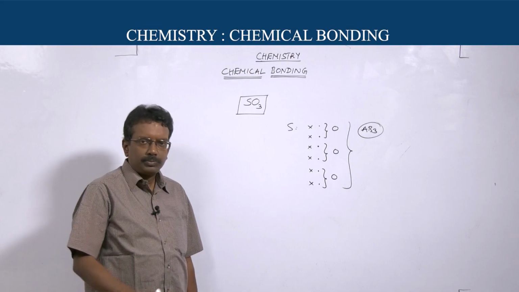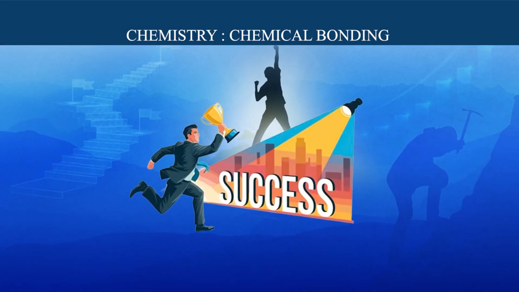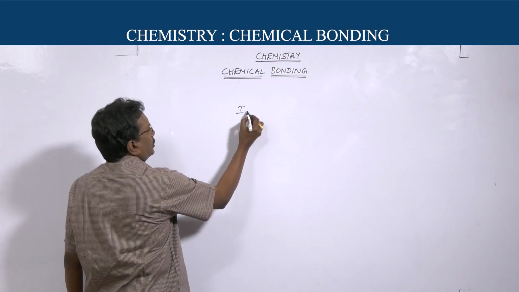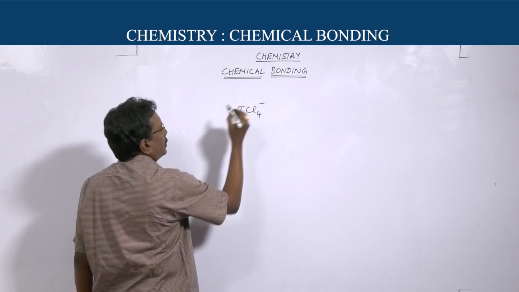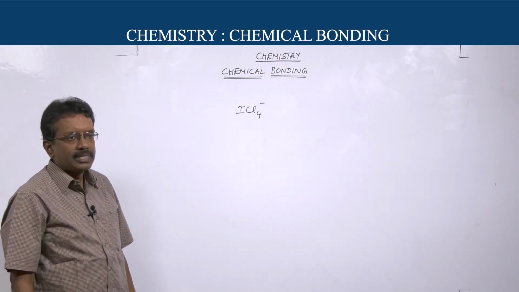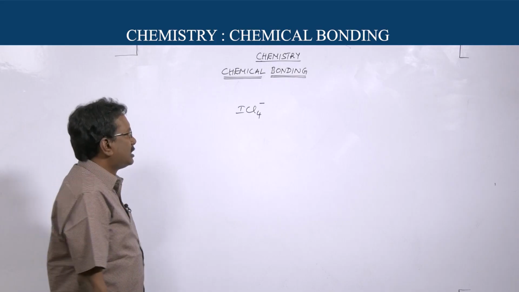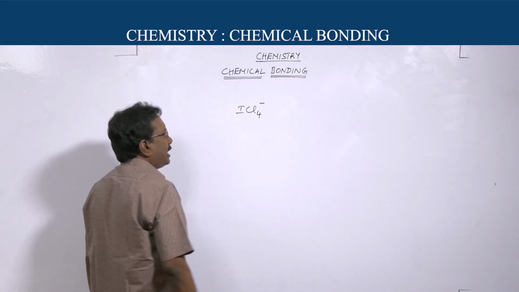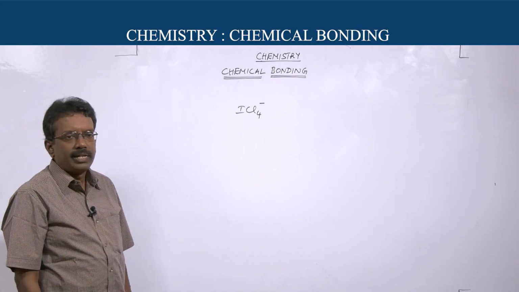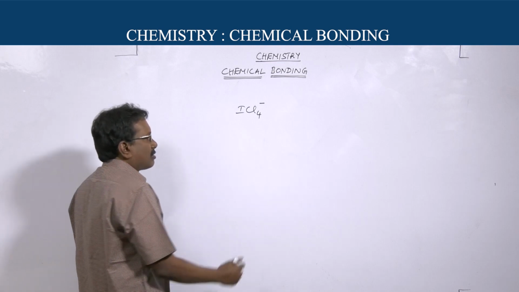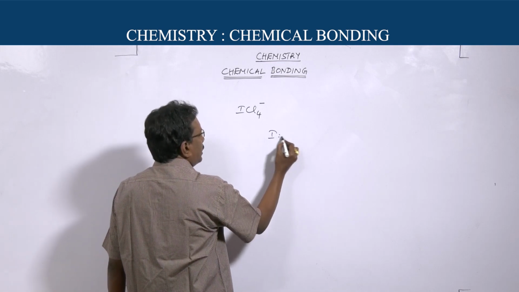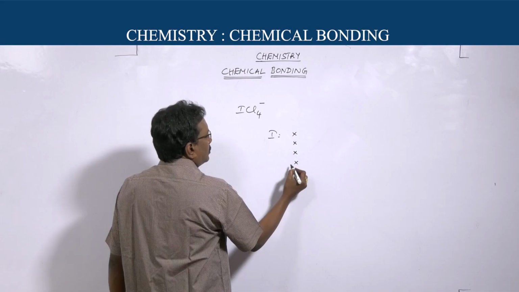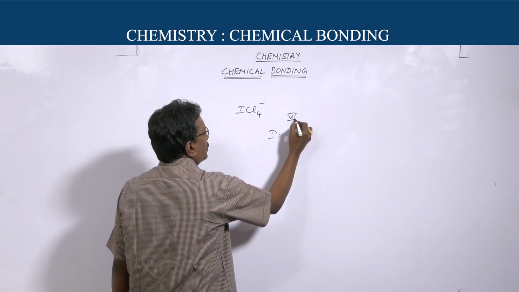Now, let us move to the next example. Now, I am writing the ICl4 minus ion. In this ICl4 minus ion, let us verify how many lone pairs of electrons the central atom contains. So the central atom is iodine, a 7th A group element.